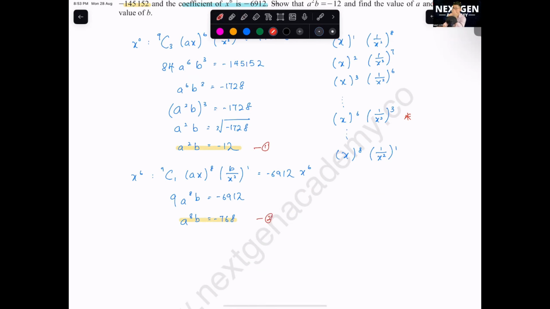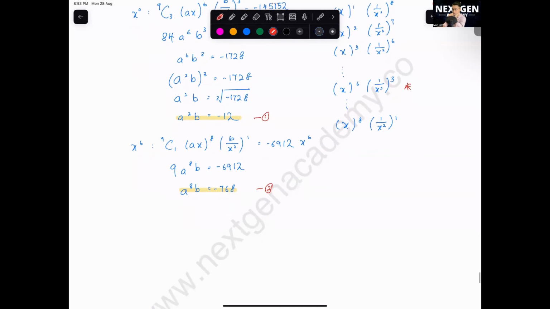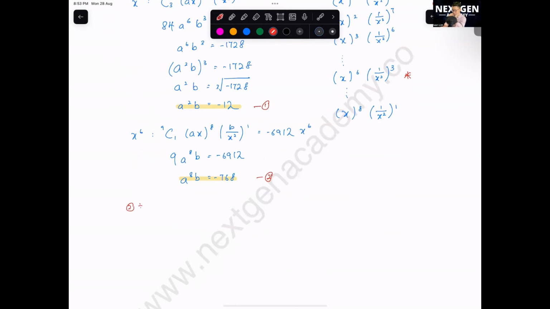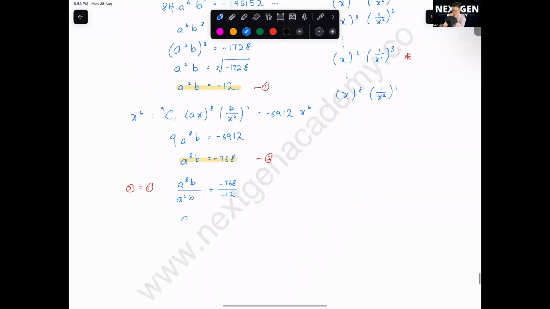I got equation 2. I want to find the value of a and b. I'll take equation 2 divided by equation 1 because I want to eliminate b. So a^8 b over a squared b equals negative 768 over negative 12. The b will cancel off.